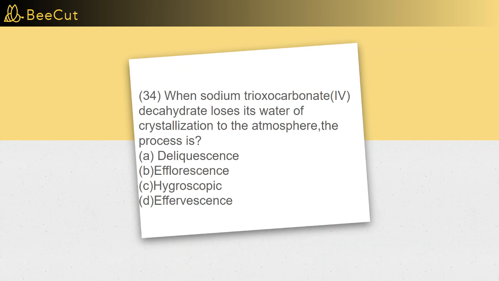It loses its water of crystallization. Deliquescence talks about a substance that gains water from the environment and becomes a solution. Hygroscopic absorbs water from the environment and becomes sticky, while effervescence is talking about emission of gases. That makes B the best option.